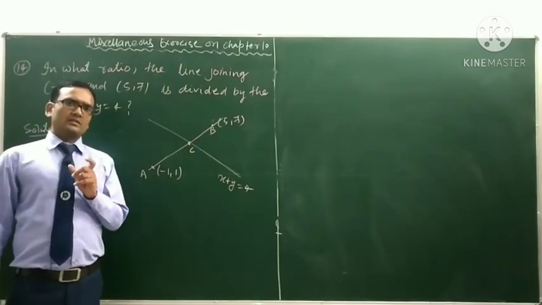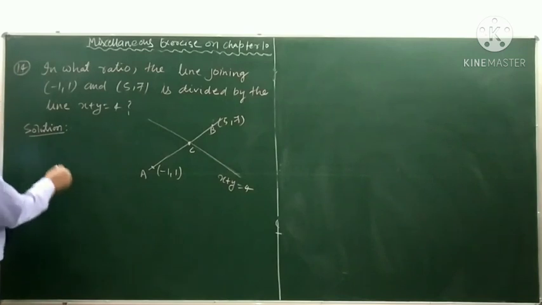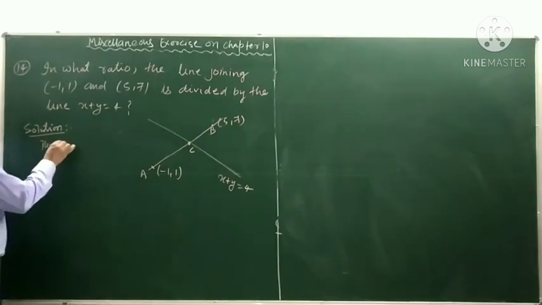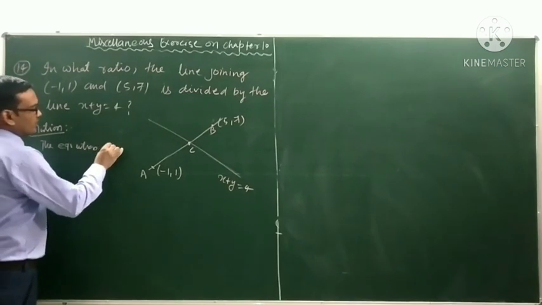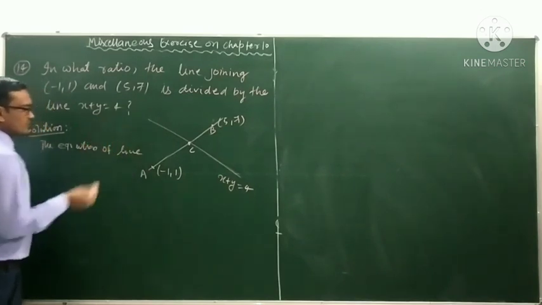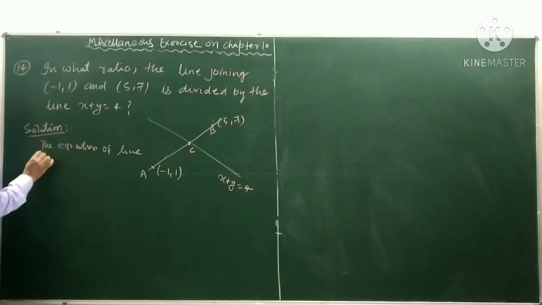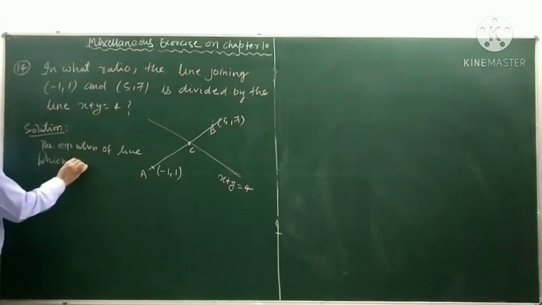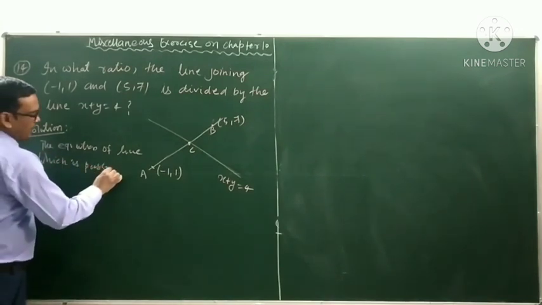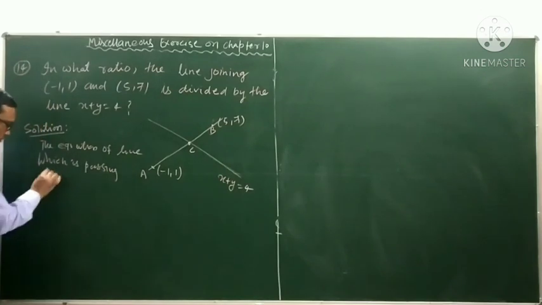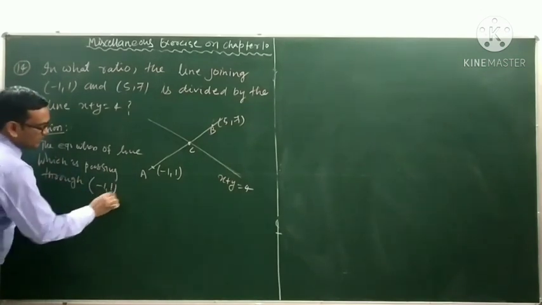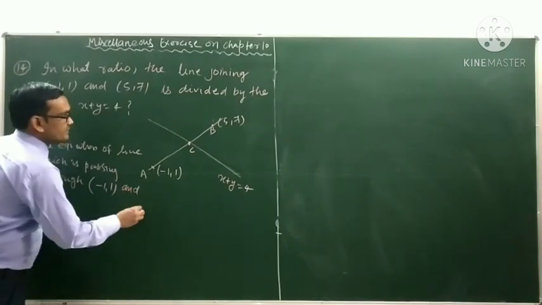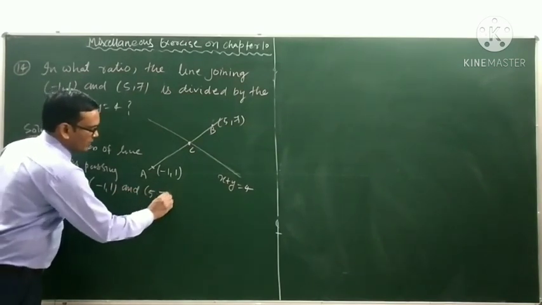First of all, we find the equation of the line passing through (-1, 1) and (5, 7).